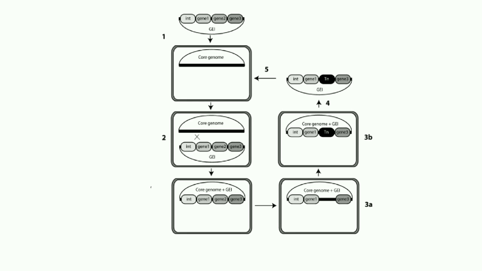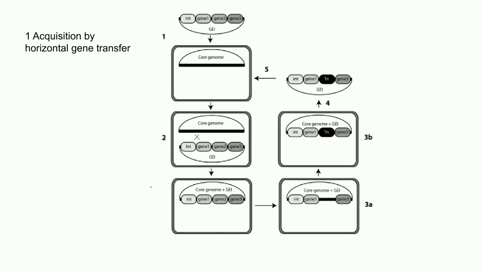So let us move on to the mechanism by which the transfer of pathogenicity islands occur. As you can see in the diagram, the upper part or the first, there is a bacteria which is having a core genome. A pathogenicity island containing an integrase and gene 1, 2, 3 is trying to enter into the area and get integrated with the core genome.